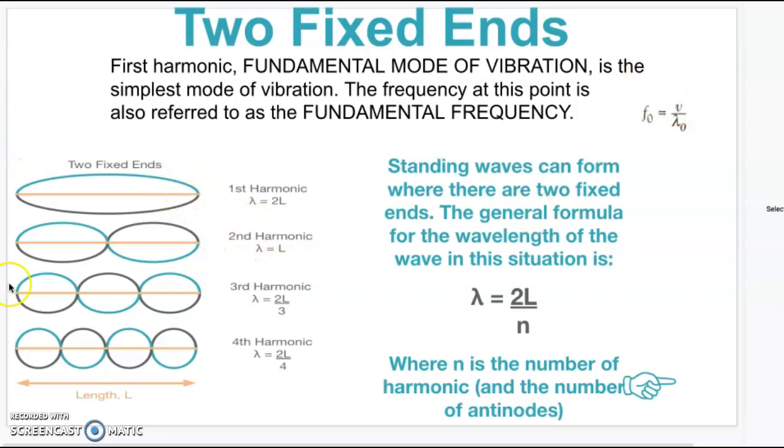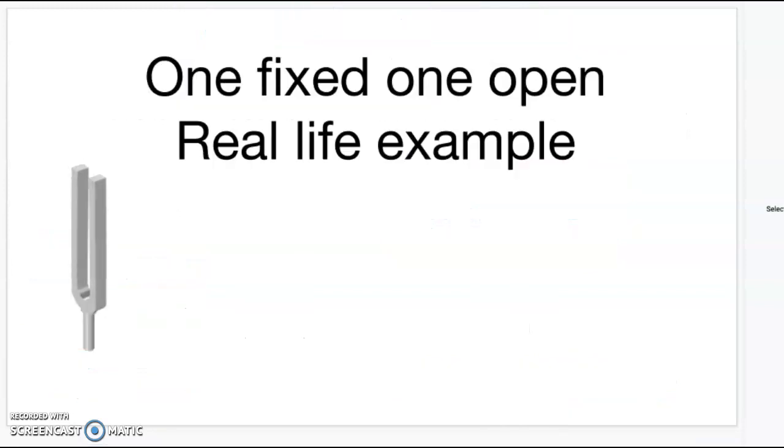So if you are changing the frequency to increase the number of nodes and antinodes, the speed will be constant. And that's usually the basis for most numerical questions. Right, so I think that's it. You have your 3 equations and it's time to practice.